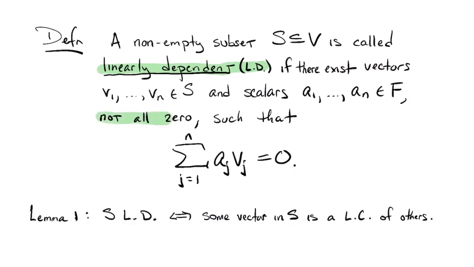These scalars are in the field, all but one of them can be 0, but not all of them, such that the linear combination of those vectors is equal to 0. If you can find such vectors, then it's called linearly dependent. The lemma just says that our set is linearly dependent if and only if some vector in the set S is a linear combination of the other vectors in the set S. I could have made that the definition, but I'm going for this one.